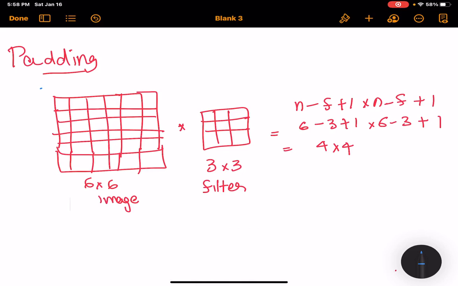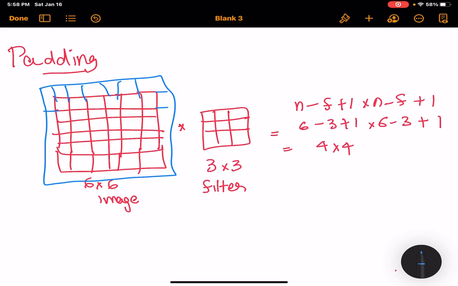So I will have my new image as something like this. Which means my new image with an additional border around the edges will be of size 8 cross 8.